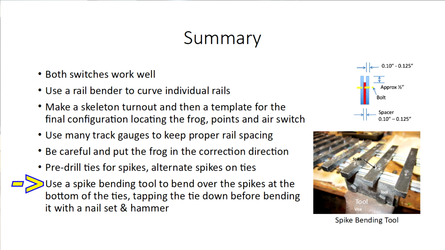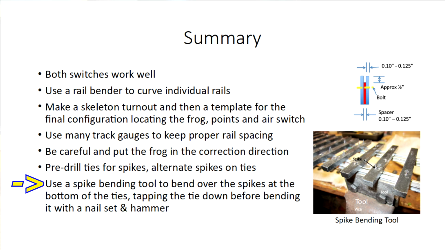And then I developed a spike bending tool, because after the rail is spiked down to the ties, there's about a quarter inch of spike coming out the bottom, and you have to bend those bottom pieces over.